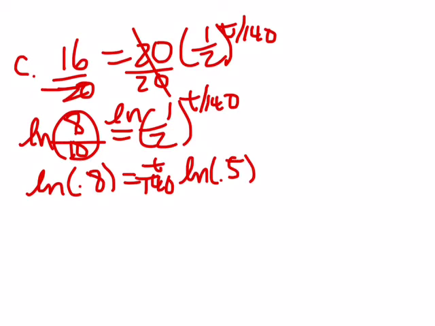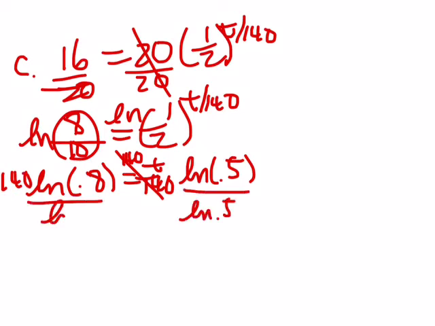I just wrote it as 0.5. Solving for t, I multiply both sides by 140, and then I divide both sides by natural log 0.5. Okay, we put that in our calculator and you get about 45 days.